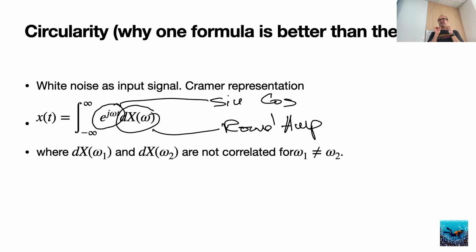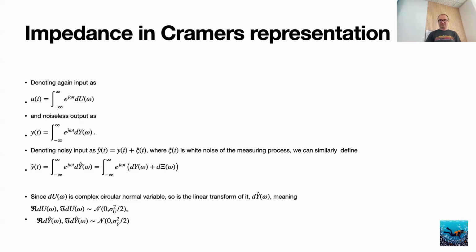What is important about this Cramér representation? It says that no two frequencies are correlated. This means in the orchestra, there are no two instruments playing in a similar manner. Everybody is doing something completely different. And why is this important?